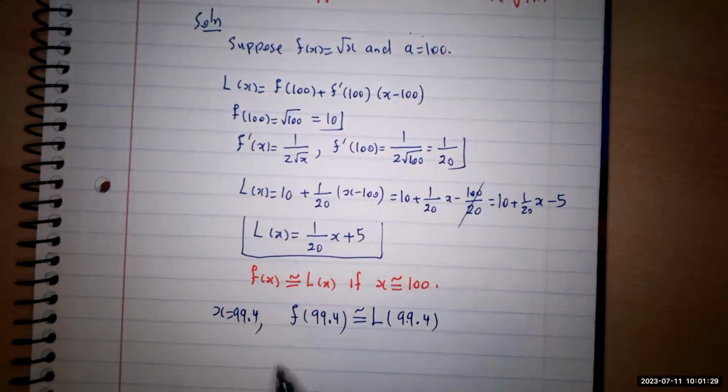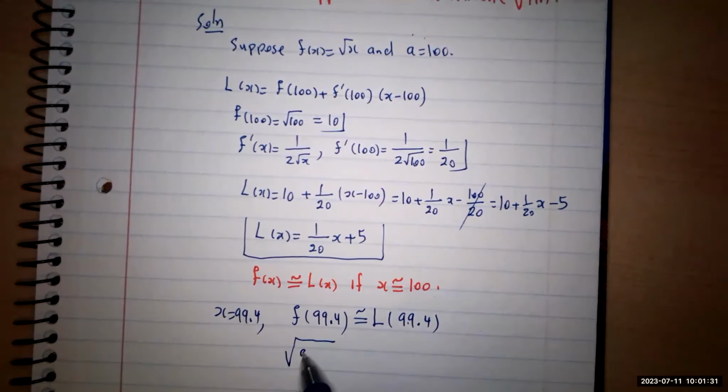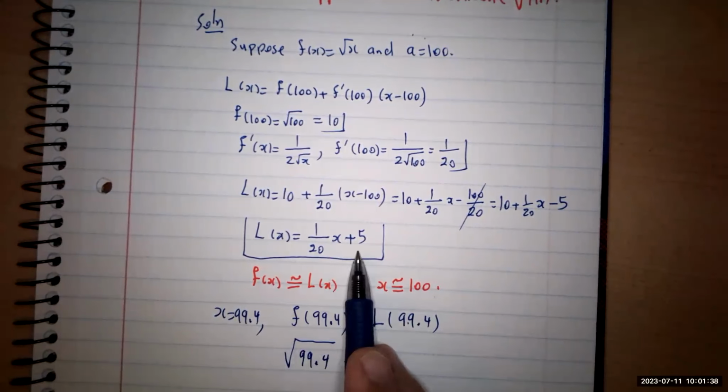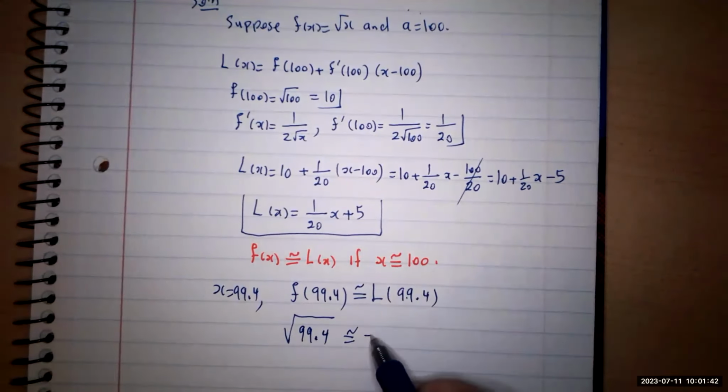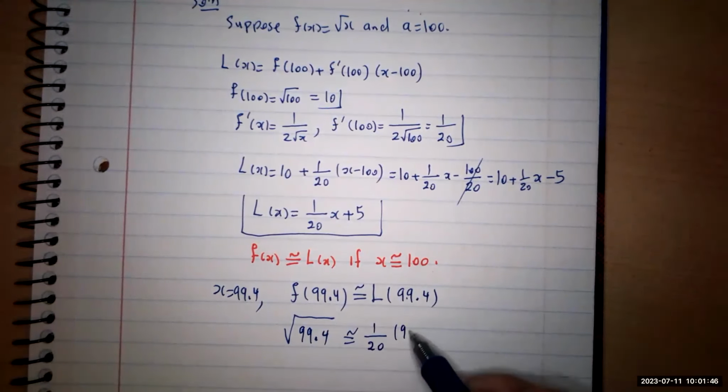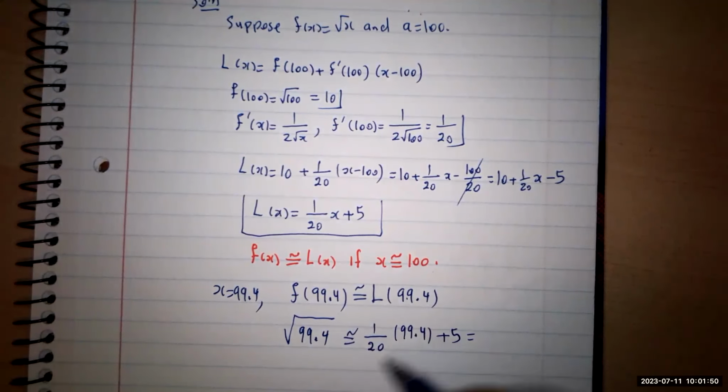In the case of the square root function that you are interested in, you just go and substitute. It's going to be 1 over 20 times 99.4 plus 5. Now it's divisible by 2.